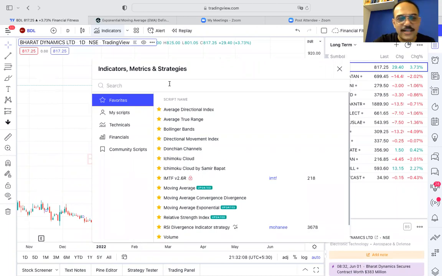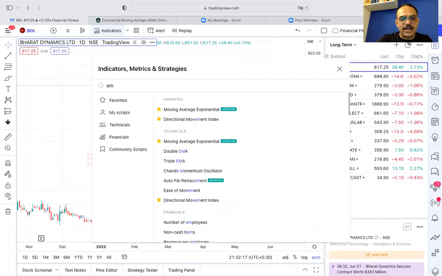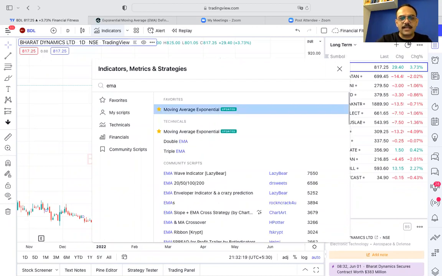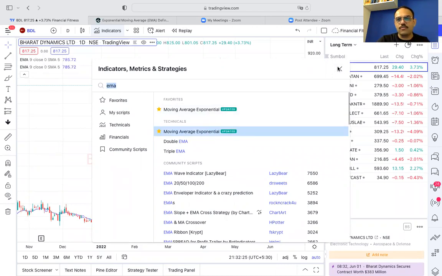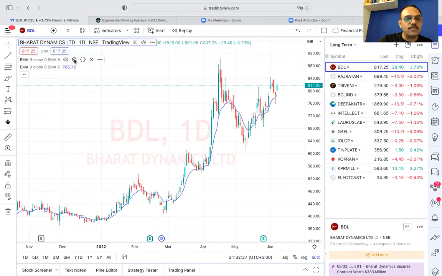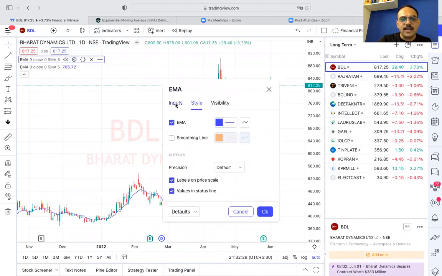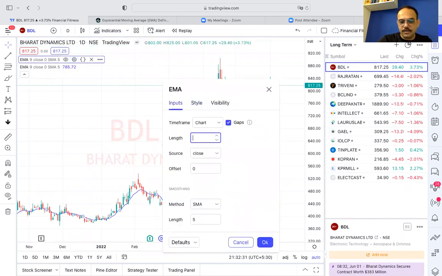Okay. Great. Thank you. So let's go ahead to exponential moving average. What you have to do is go to indicators and look at EMA, moving average exponential. Click it, click 2 times. So you will have a moving average exponential. Go to settings, input, change it to 5.